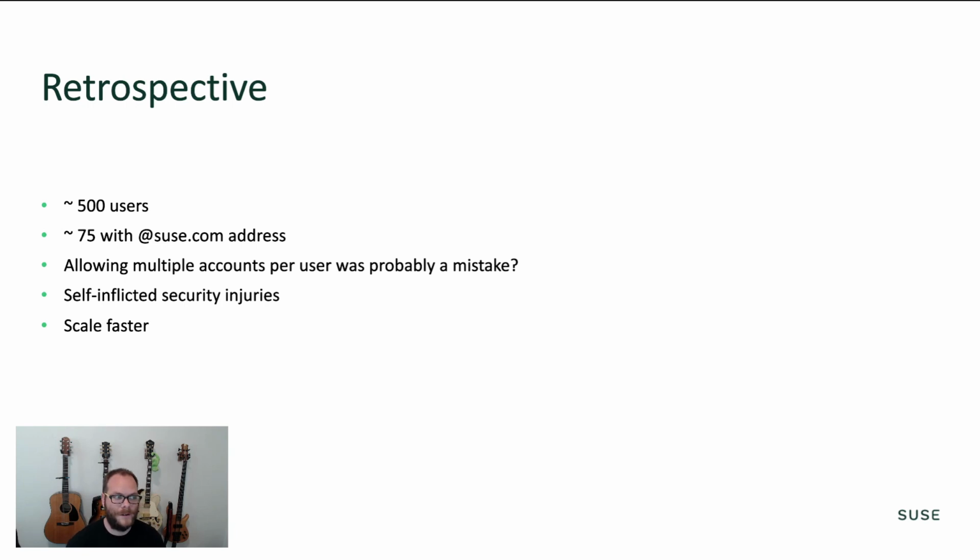I made a mistake in the security of that, which is actually the next one: self-inflicted security injuries. I wrote the onboarding really quickly and I even knew that there was a security hole in the middle of it, because I was just exposing an API with no auth to the public, right?